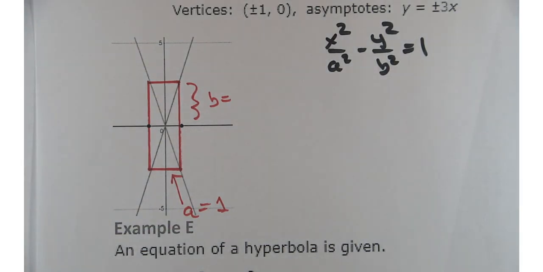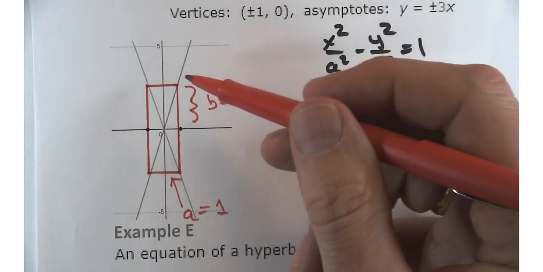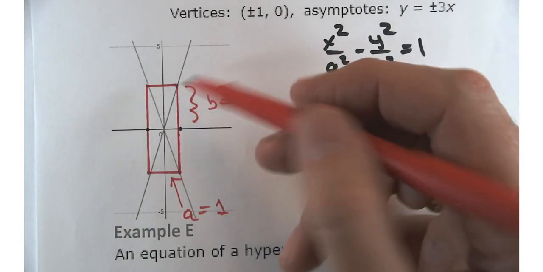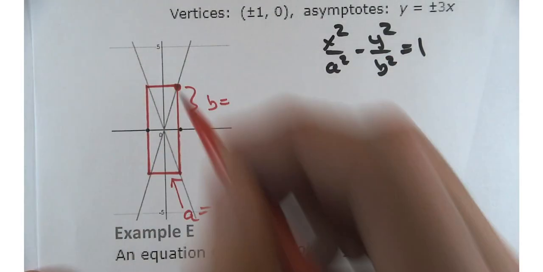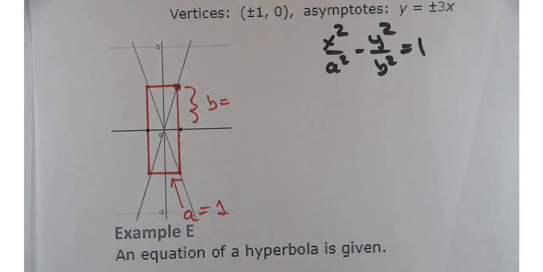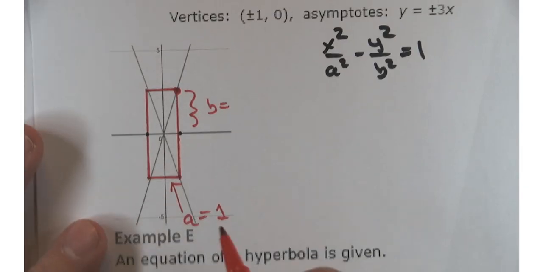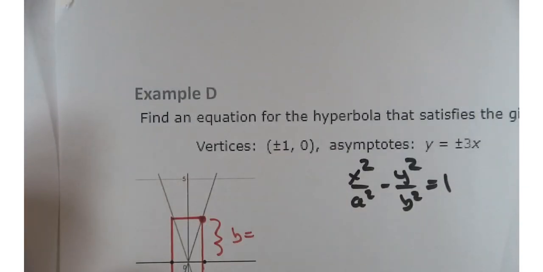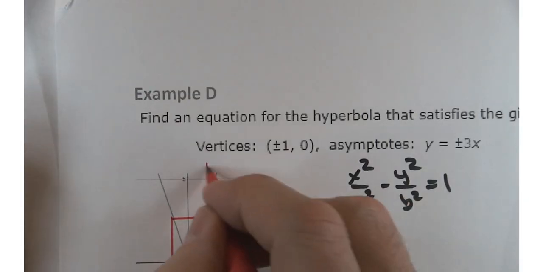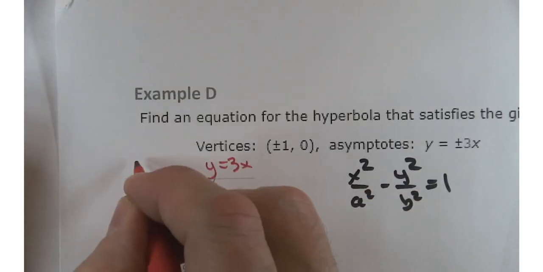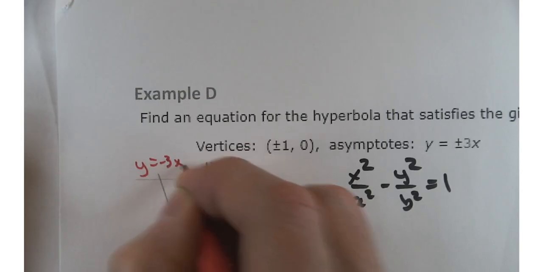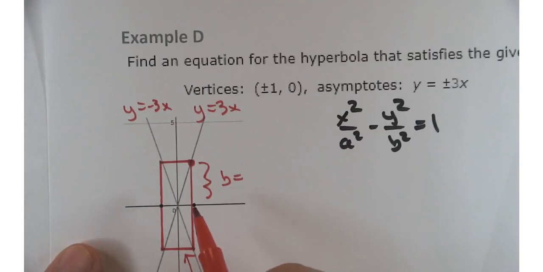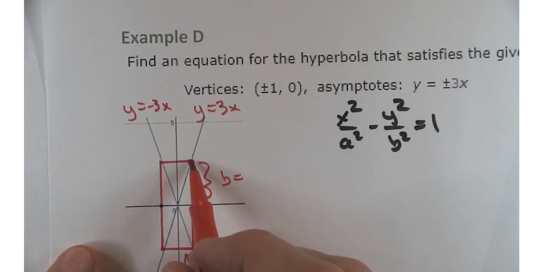Now I don't really have a good scale on this. It didn't print out well, so that's all right. But you can figure out how tall you are here, right? How can you figure out how tall you are there? We have the asymptote. Yeah, you got the equation of the asymptotes, right? So we've got y equals 3x and y equals negative 3x. So if you're at x equal 1, what's the coordinate of that point?